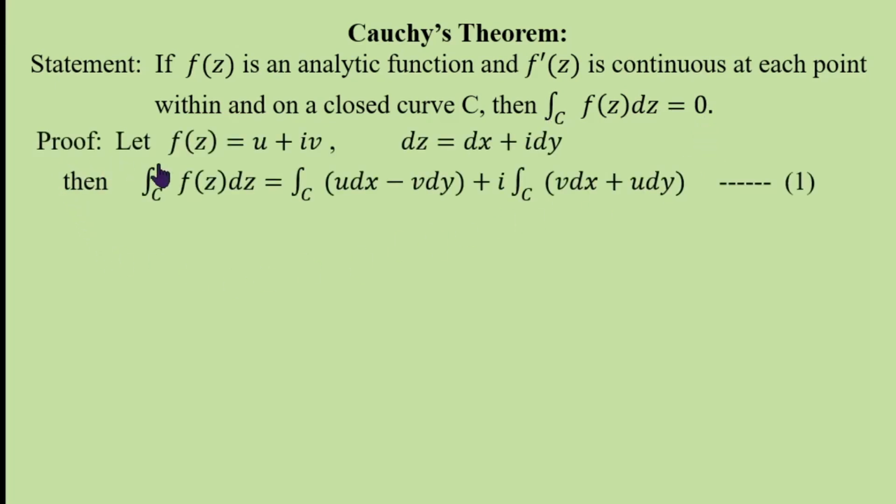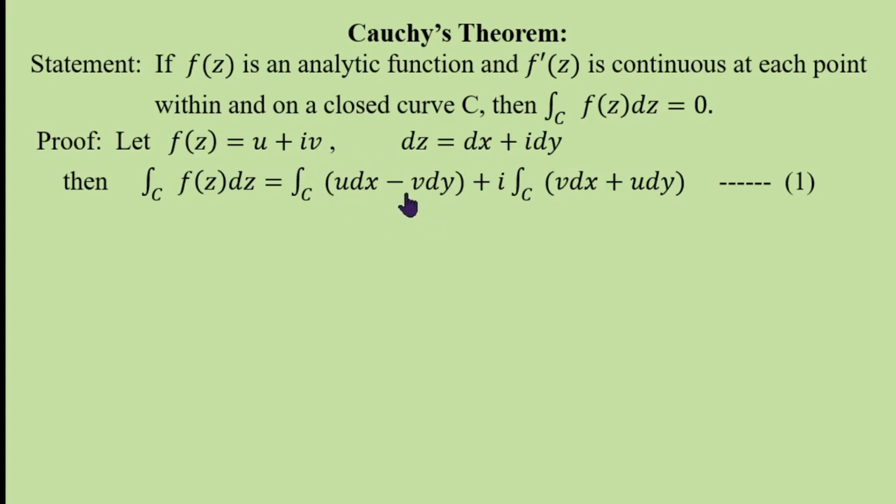Proof. Let f of z be u plus iv, where u is the real part of the function and v is the imaginary part, and dz is dx plus i dy. Then the integral over C of f of z dz, just multiply these two, is u into dx plus iv into i dy, that is i square v dy.